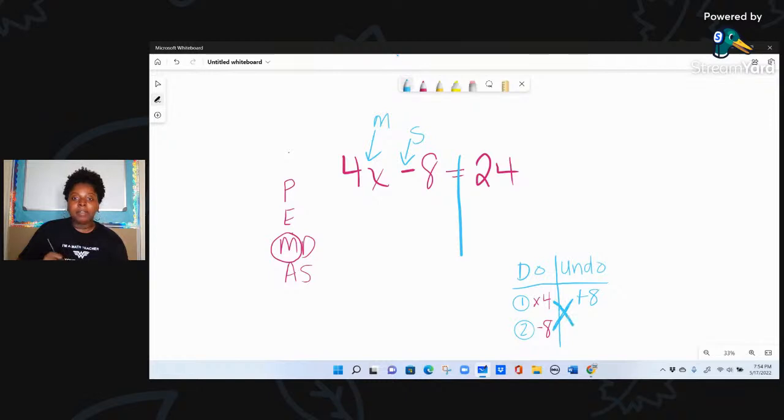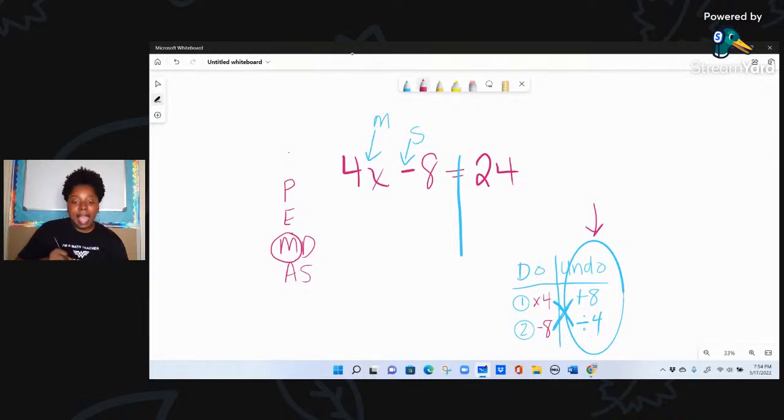And then instead of multiplying by 4, I'm going to divide by 4 on both sides. These are your 2 steps that you need to solve this 2-step equation.